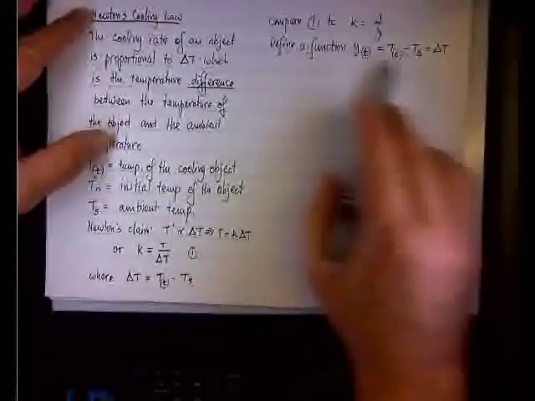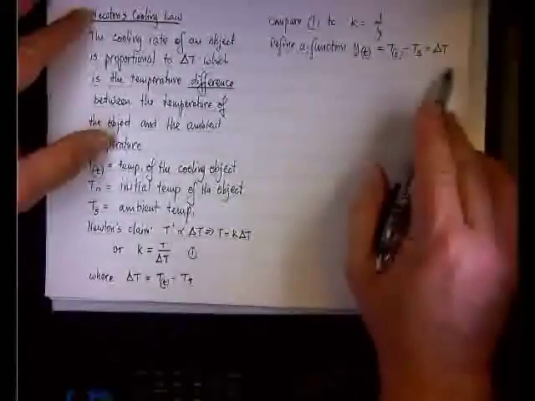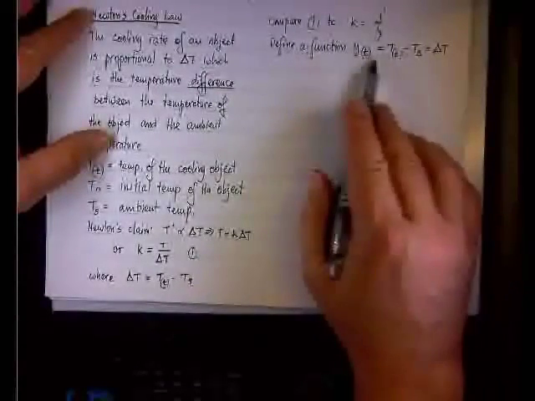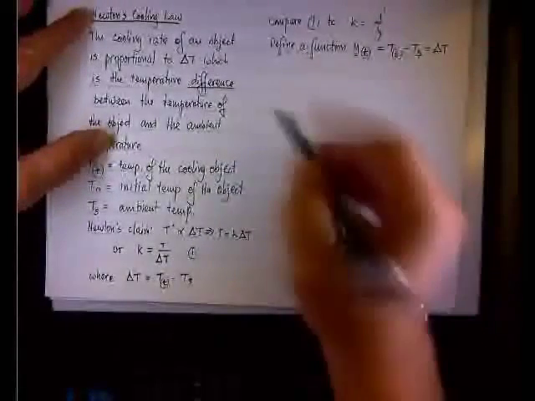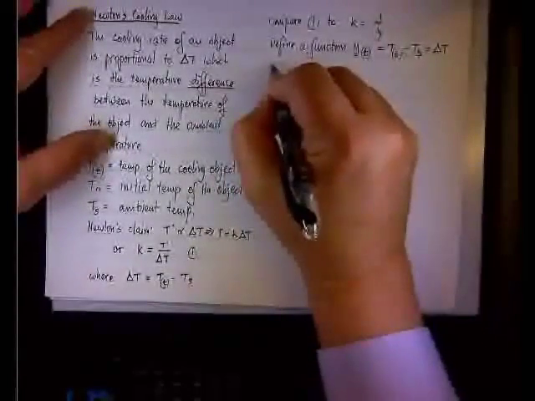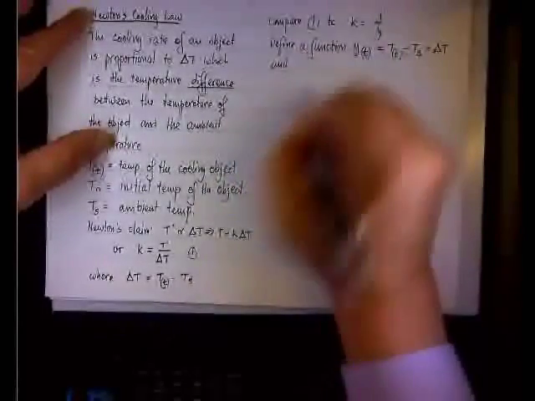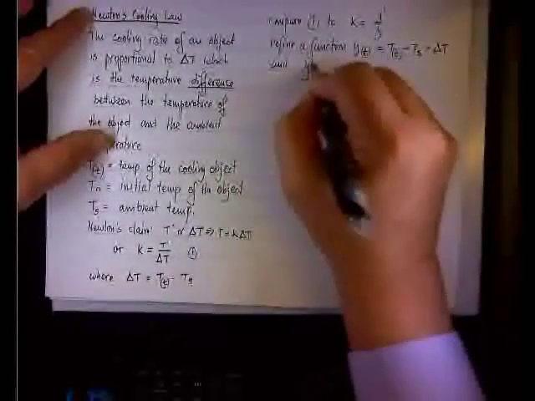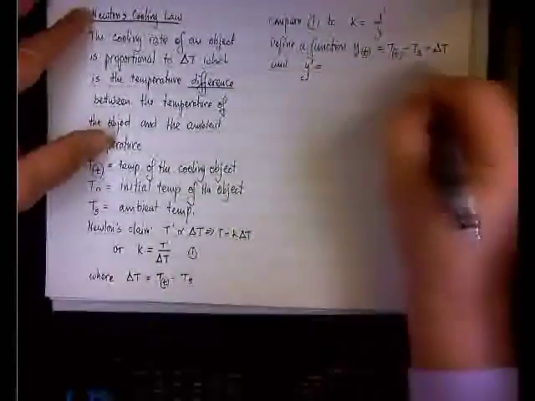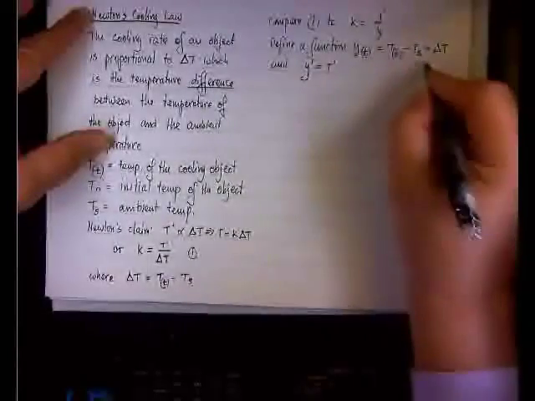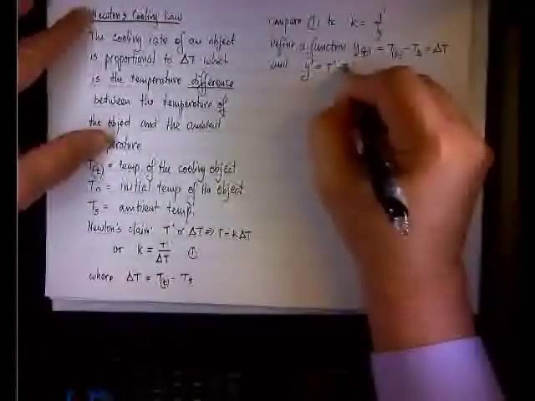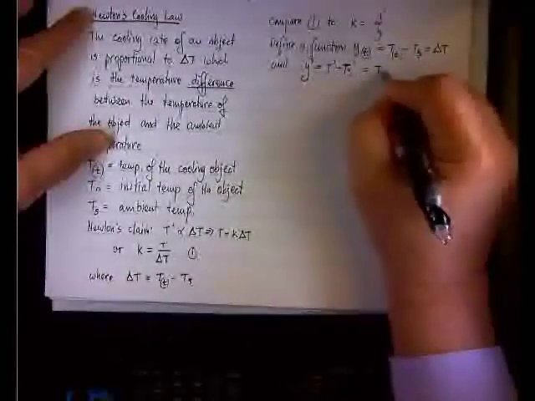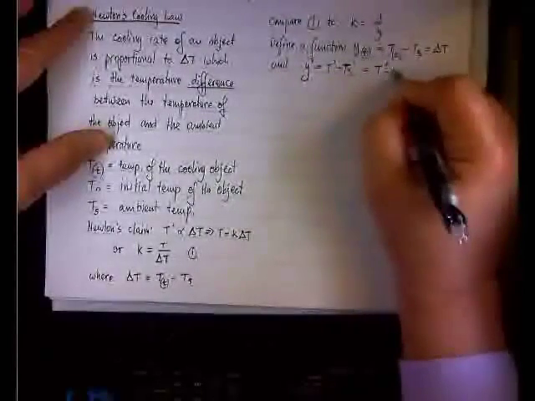Before we go further, because y of t equals the difference, and remember T sub S is a constant, when we take y prime, then y prime will be T prime minus the derivative of T sub S, but since it's a constant, it's simply T prime minus 0, which is simply T prime.